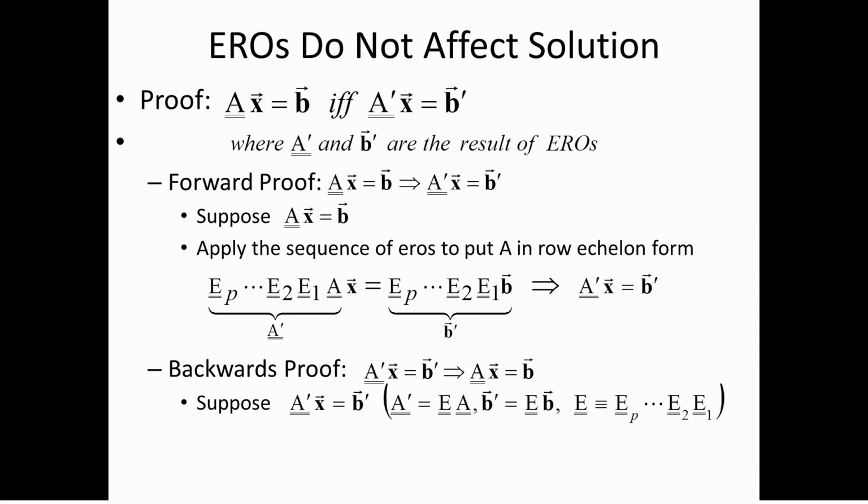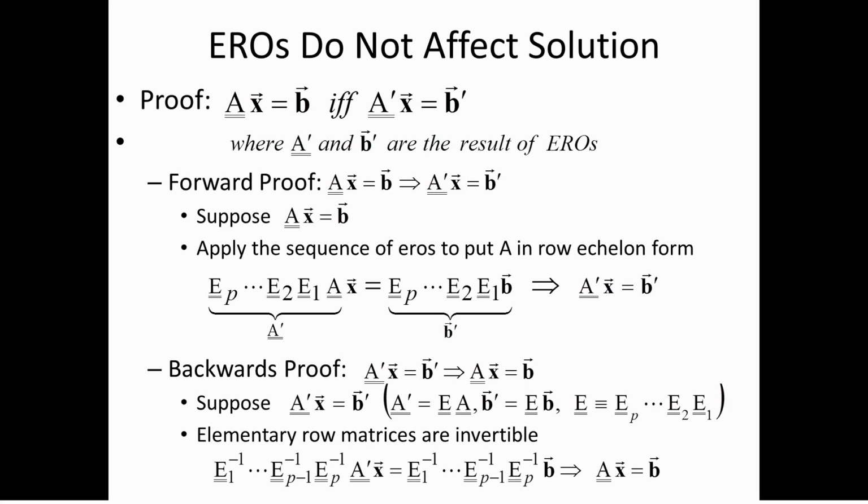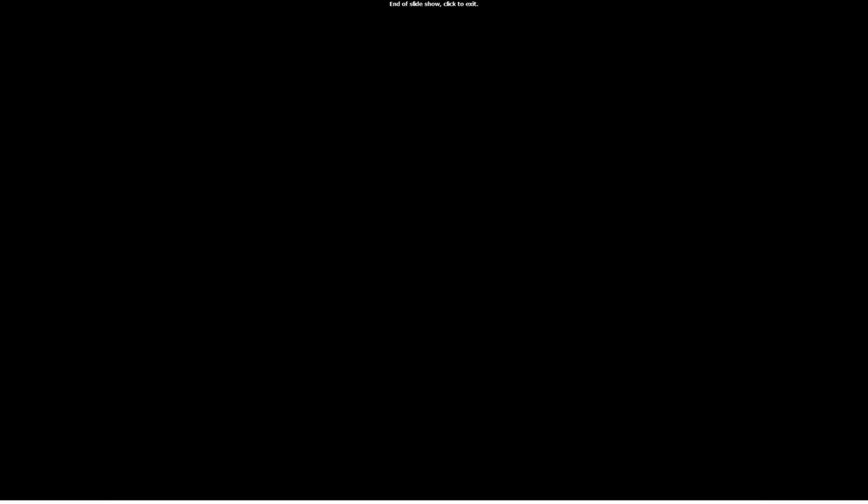Suppose we did small p elementary row operations, okay? Now recall that the elementary row matrices are all invertible. So this means if I simply multiply both sides of my transformed system by the inverses in this order, I'll get back to my original system. Therefore, x satisfies my original linear system too. Okay, that does it for this part.